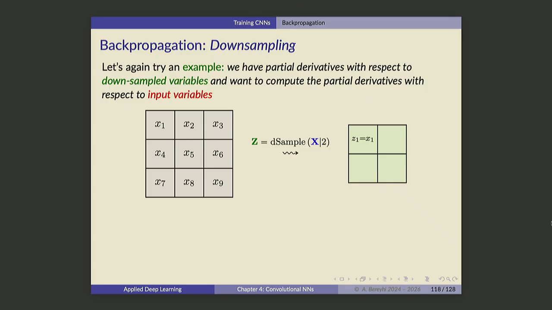What about z2? What is z2? It's going to be x3, right? z3 is x7, and z4 is simply x9, right? Everybody's cool?